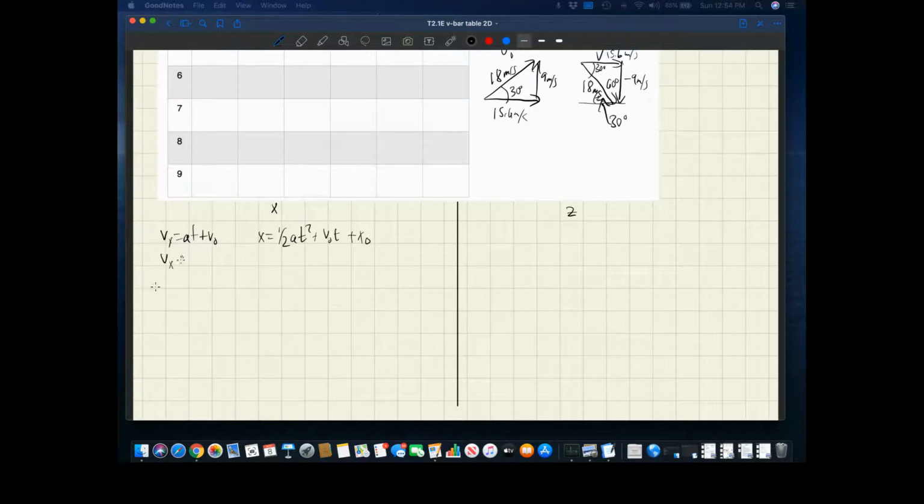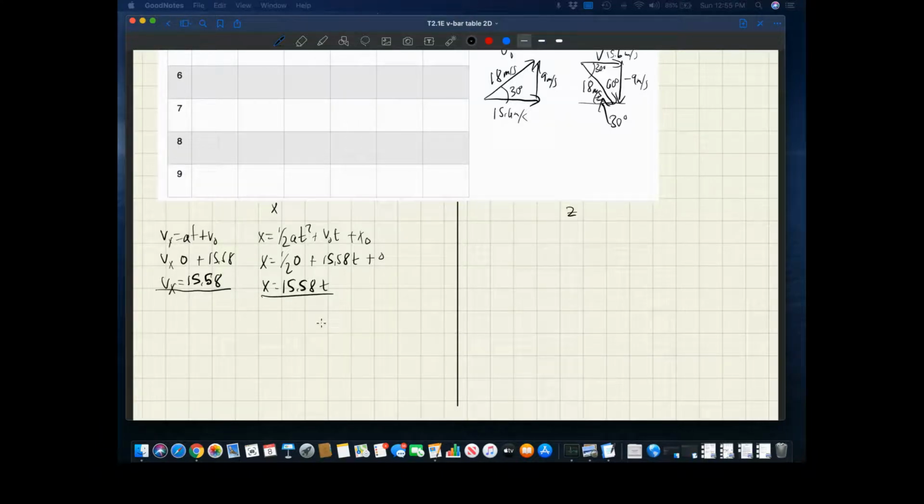In the case of x, the acceleration is 0, and the V0 is 15.58. So our model says that Vx is 15.58, and it doesn't depend on time. There's no term for time. X, 1/2 acceleration is 0, V0 is 15.58 t, and the x0 is 0. So the position horizontally is 15.58 t. So those are my equations there.